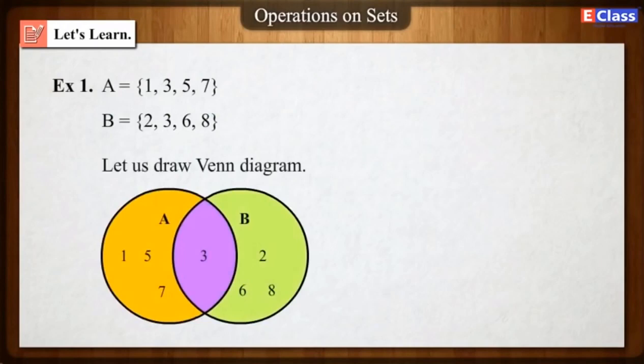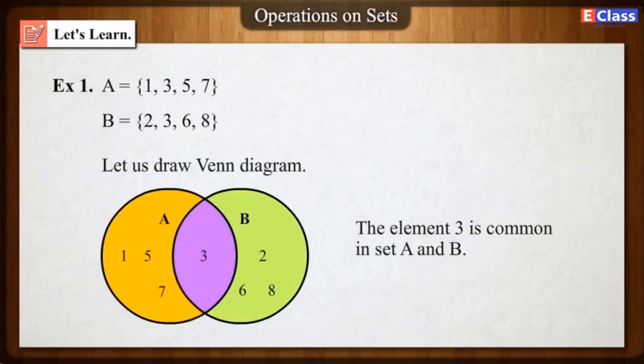Let us draw Venn diagram. The element 3 is common in set A and B. Therefore, A intersection B is equal to {3}.